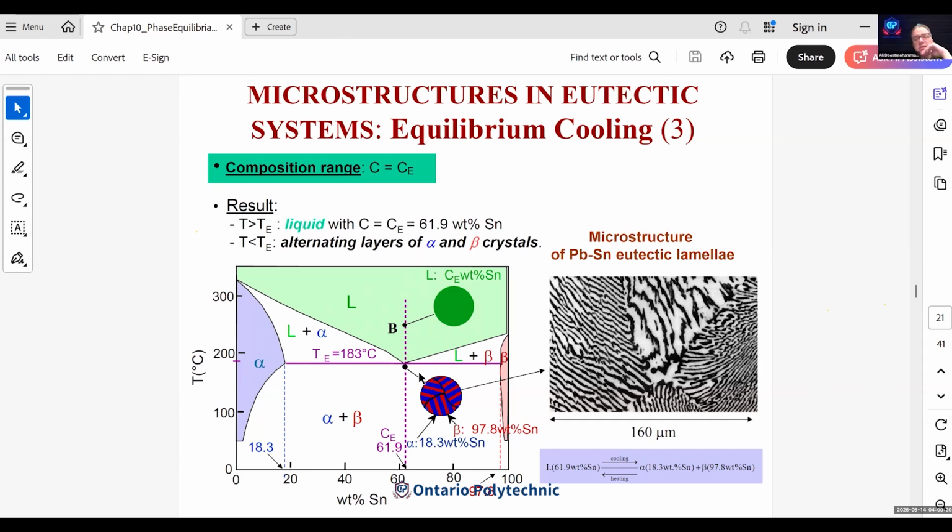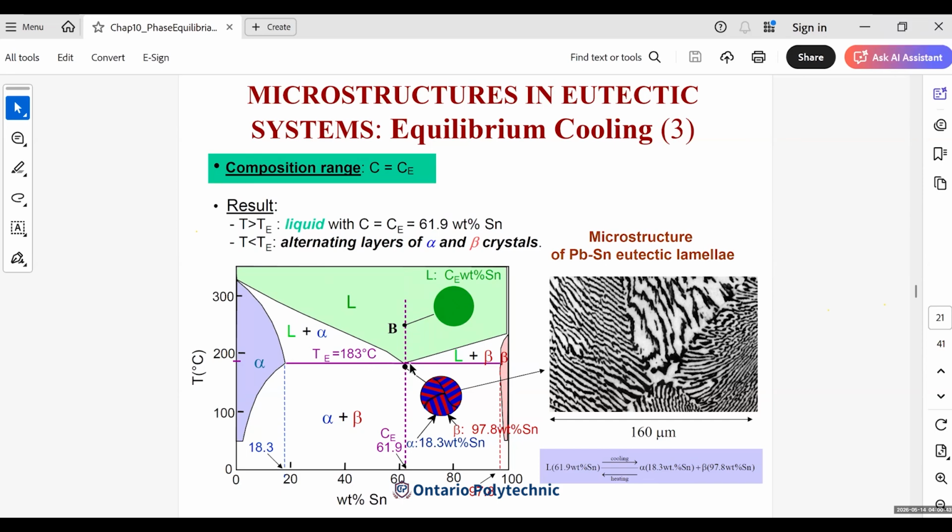Eutectic line, you are saying? Yes, eutectic line. Eutectic temperature, this one, right? Yes. Is it a eutectic line or not? Because we have the eutectic point, and this is the temperature line we have at the eutectic point.